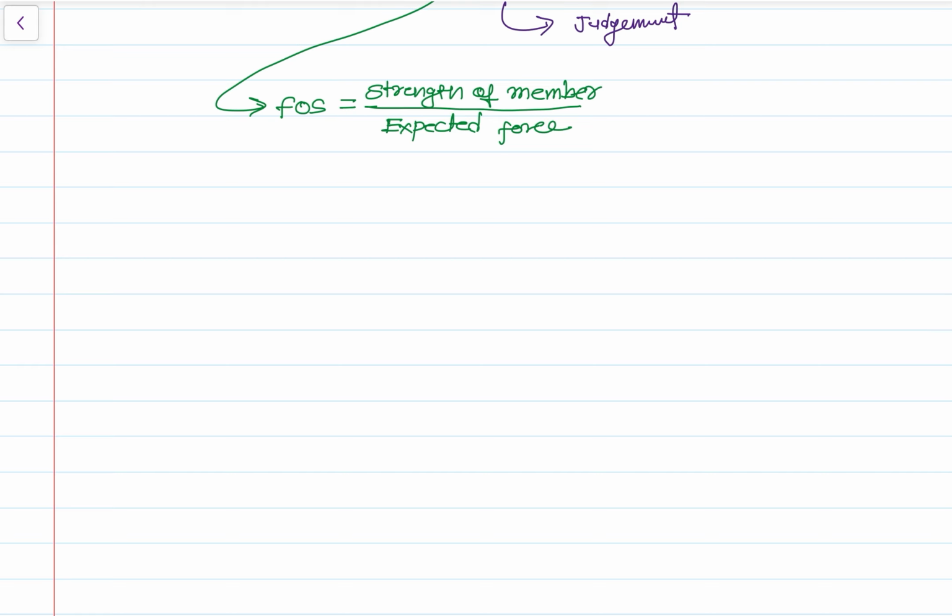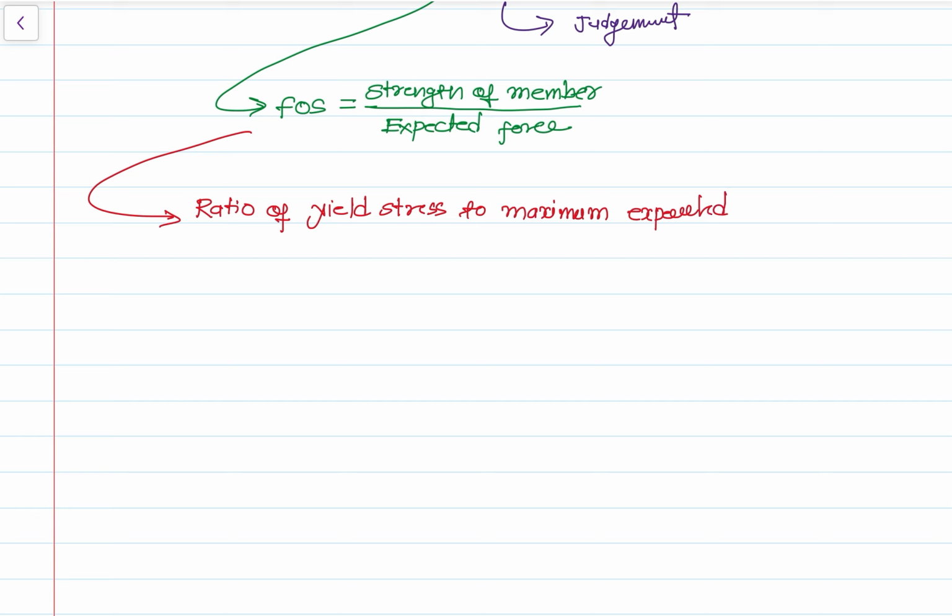Now the factor of safety definition is very important, so let's define it. Factor of safety is the ratio of yield stress to the maximum expected stresses.